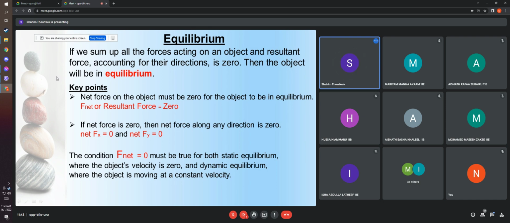So in forces equilibrium, there will be two situations. First one is static equilibrium and the second one is dynamic equilibrium.